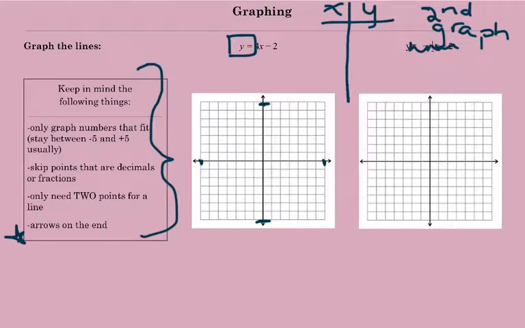But we can do -1, -6. We can do 0, -2, 1, 2, and 2, 6. Okay, we could fit all 4 of those. Again, you don't need 4, but why not?